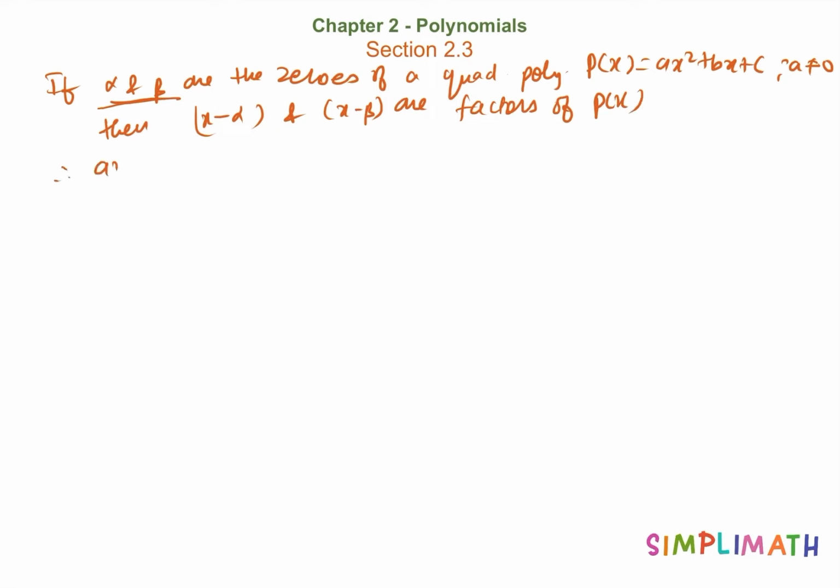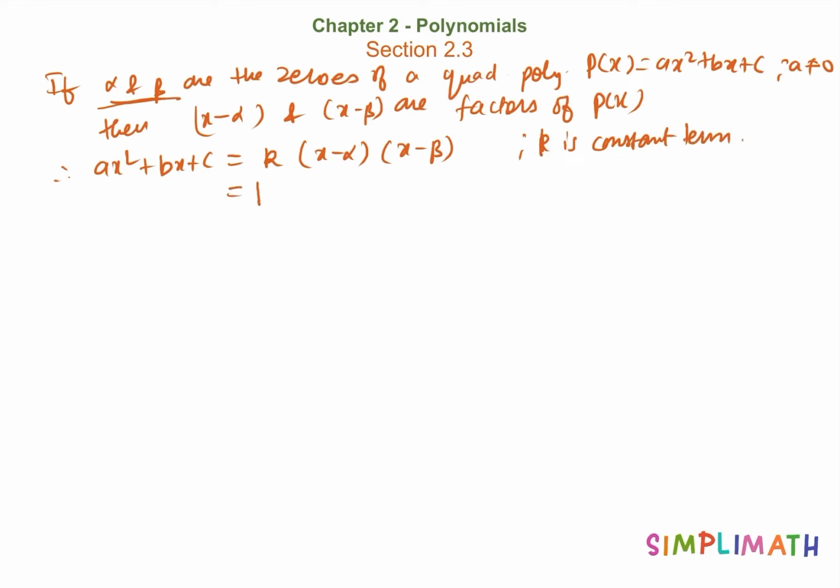So what I can say, ax square plus bx plus c, I can write this as k into x minus alpha, x minus beta, where k is a constant term, right? I can write this as this.